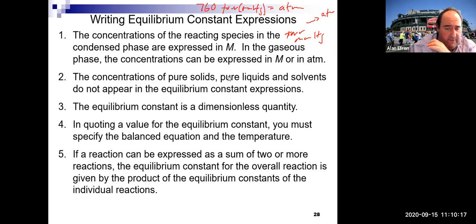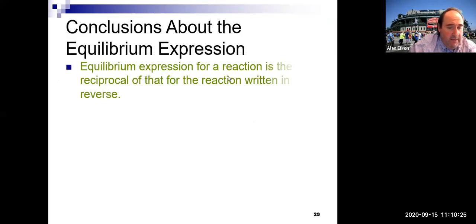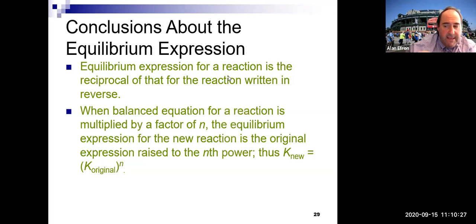And as I said, if you're adding more than one reaction together and you're looking for the K value for that overall reaction, you actually multiply, not add, the K values together to get the K value for the overall reaction. And a couple of other manipulation things that we talked about here.